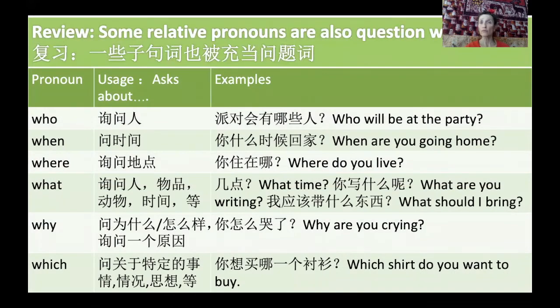Okay, so some relative pronouns are also question words. And we covered this in lesson 1. Okay. And so this is a review. 复习一些自助词也被充当问题词 and here you see them, and these were also in lesson 1.